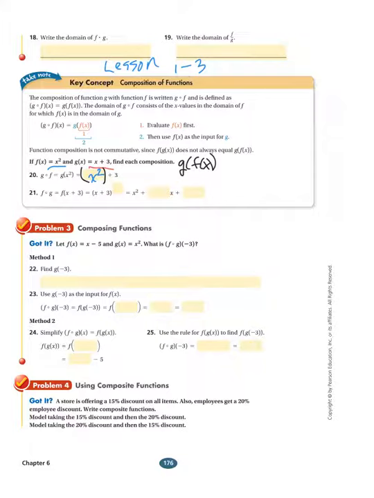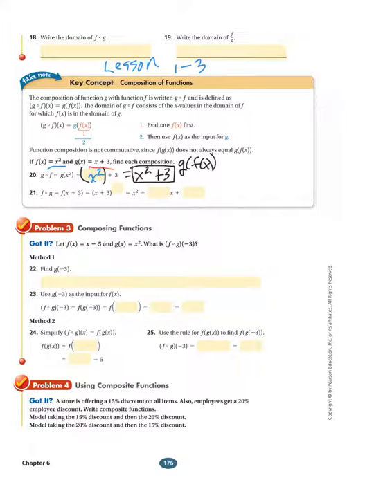Again, all I did was take the g function, so ignore the x squared, this is the g function's x plus 3. Then we take the f function and substitute it right in here and create a whole new function called g of f of x. This cannot be simplified any further, so your actual answer is x squared plus 3. That is the composition of g of f of x.